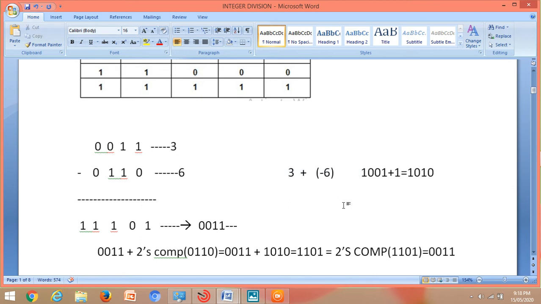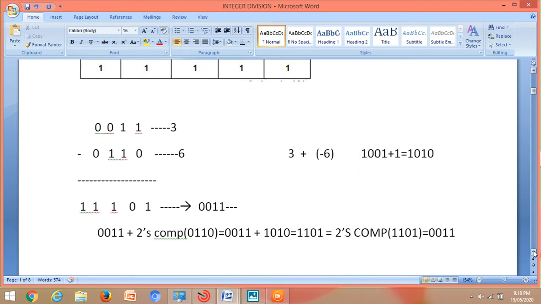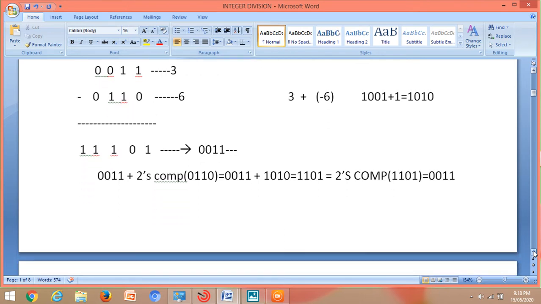Of course whenever your circuit performs subtraction, it always follows this method only, and this method is followed everywhere for multiplication, for division, for addition, for subtraction. We just have one adder with us and we are going to do all the things with the adder. Okay, so this is a subtraction by hand method.